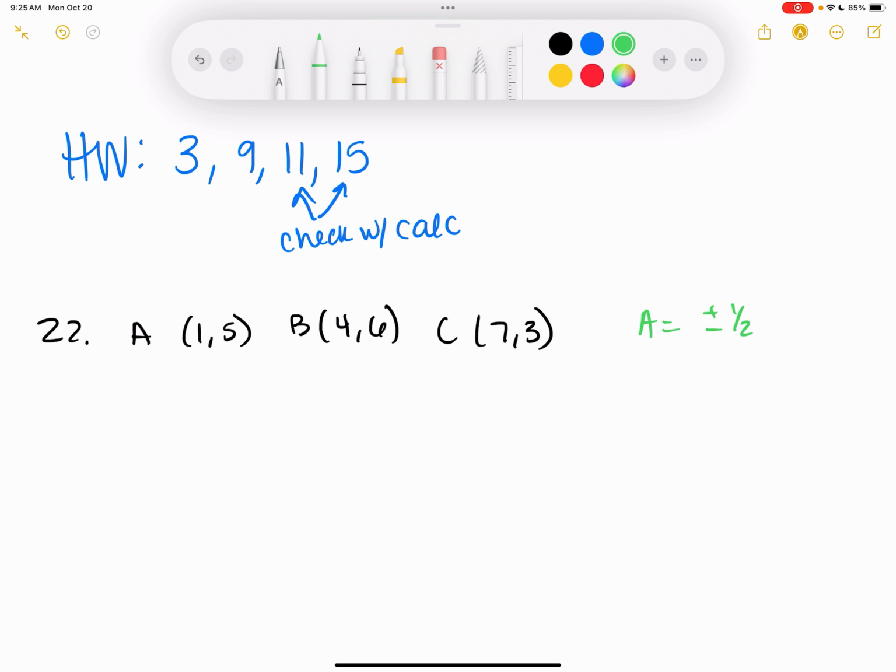So it could be negative, could be positive, just depending. And then it's the determinant of x1, y1, 1, x2, y2, 1, and x3, y3, 1. So it makes a 3 by 3 matrix that we're taking the determinant of.